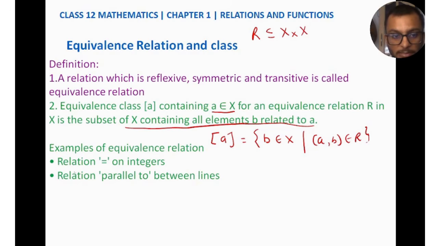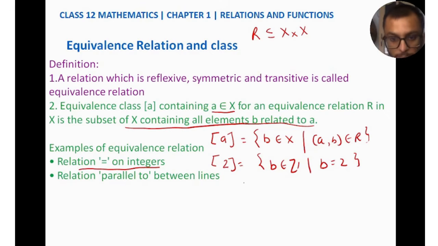So if I take the relation we defined, equals on integers, that is, two elements are related if they are equal, what will be the equivalence class of 2? It will contain all B belonging to the integers such that B is equal to 2, because we defined the relation as equal to.